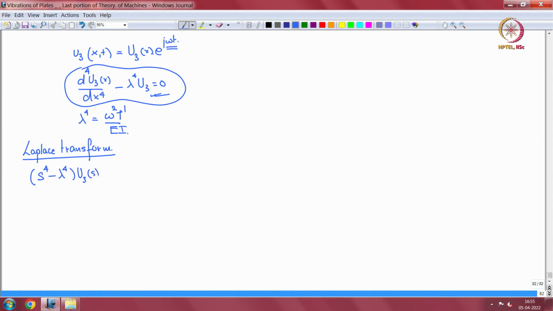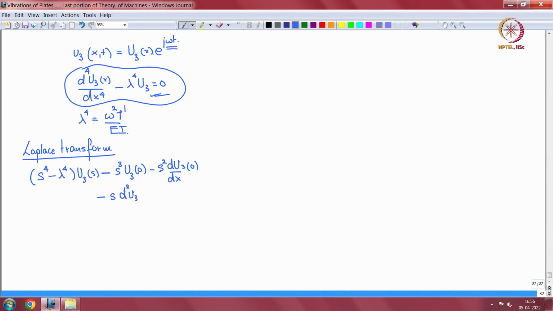times the Laplace transform of U3, minus all the orders of s along with the boundary or initial conditions: s cube U3 of 0, minus s square dU3 by dx at 0, all of these will be at 0, minus s d2.